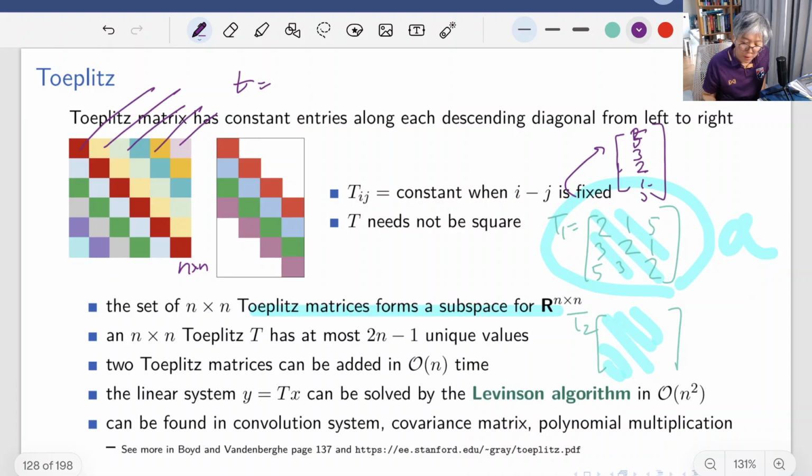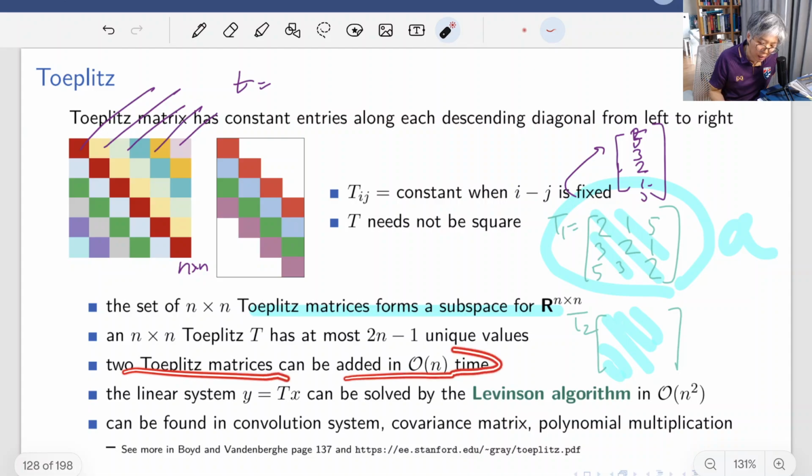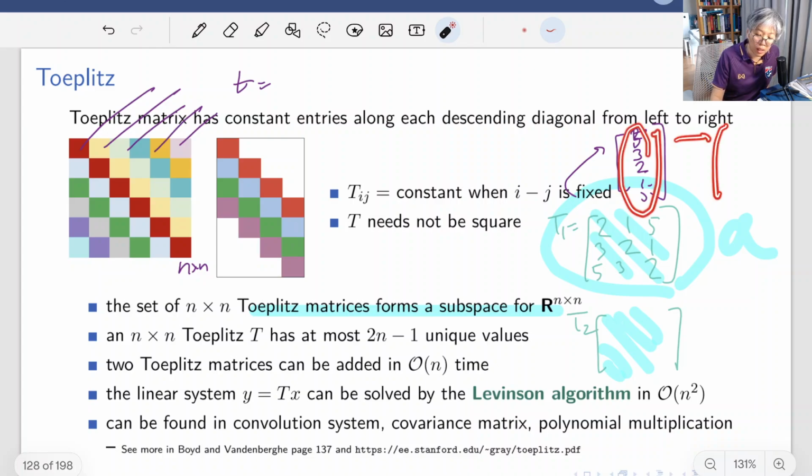If you add any two Toeplitz matrices, they can be added in linear time, because you only need to operate on the 2n minus 1 unique values. You just keep the unique values and the index of those values.